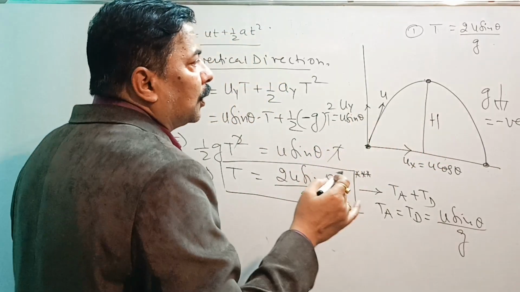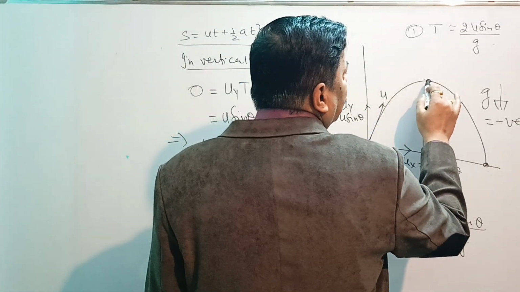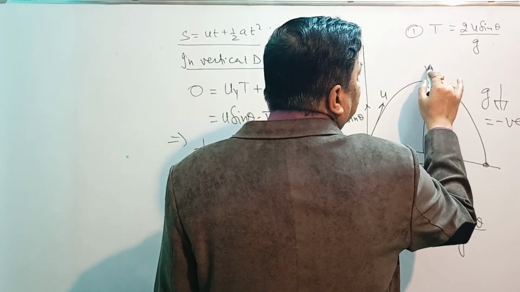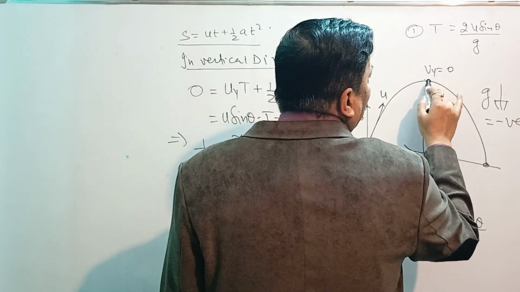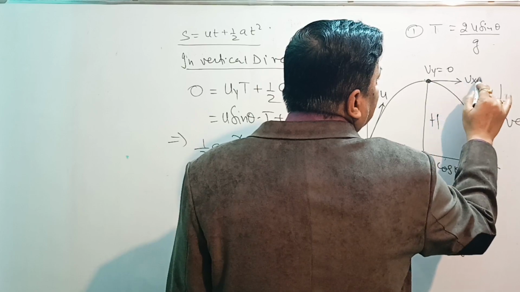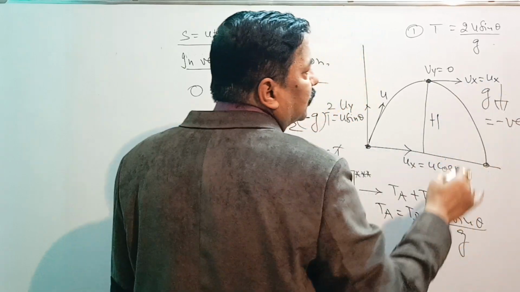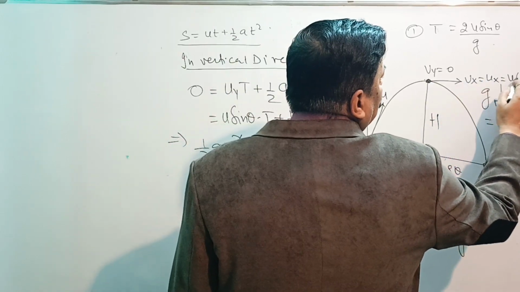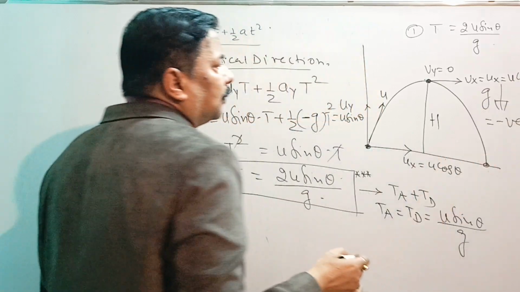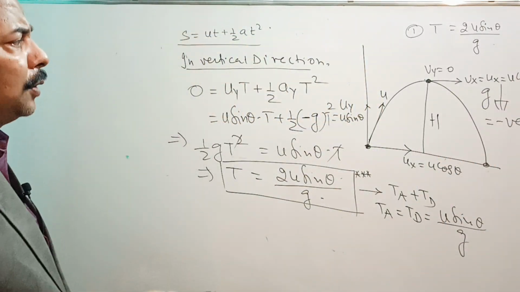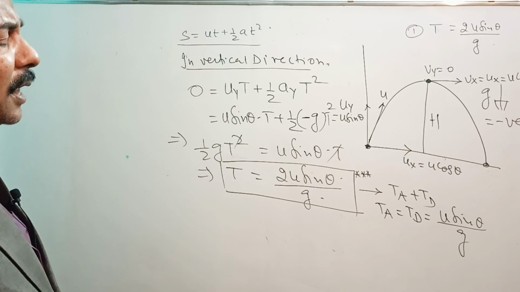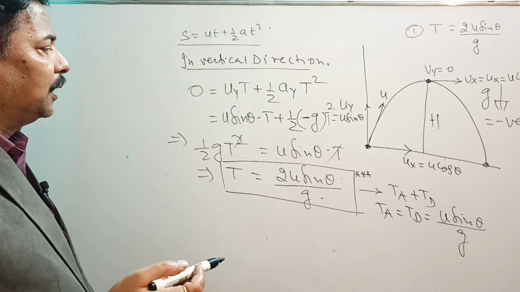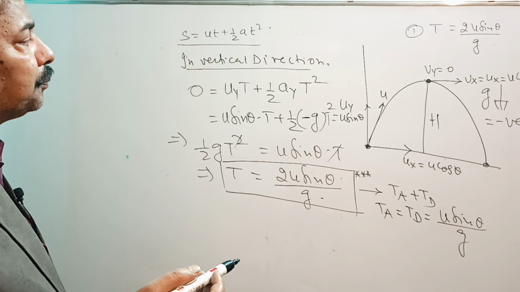So here what we get? The vertical component Vy is 0 and Vx is equal to Ux, that is u cos theta. So if we want to find the maximum height, then try to understand the expression for it.